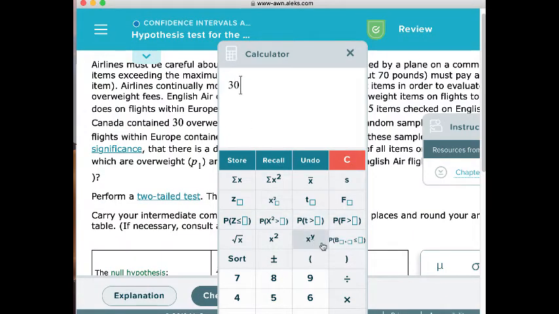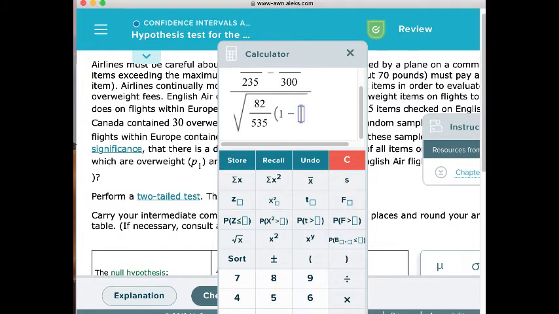So that was the 30 divided by 235, and I'll double check to make sure I'm putting it in correctly, minus 52 over 300, all divided by the square root of adding the tops, 82 over 535, and then 1 minus 82 over 535, times the sum of the reciprocals of the sample size.